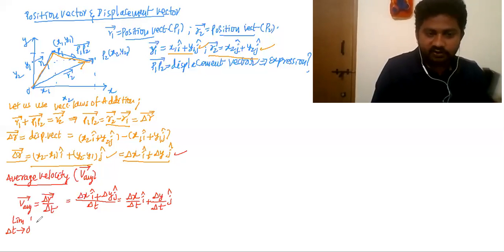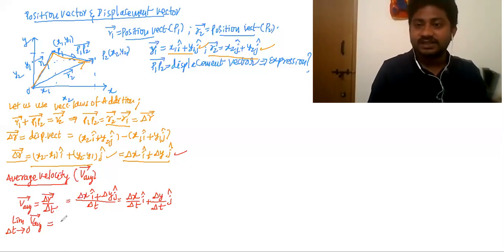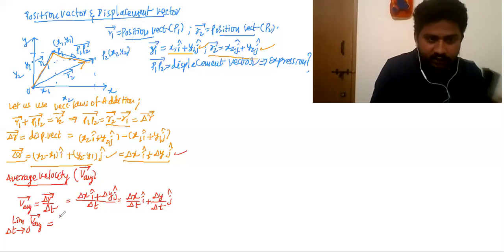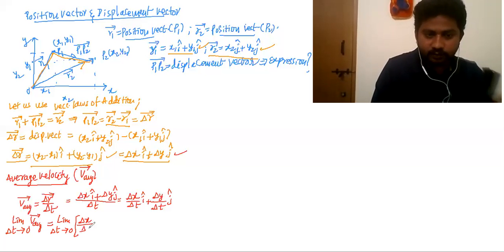Now, we know the concept of application of limits. When we apply the limit delta t tends to 0 to this average velocity, it will give you the instantaneous velocity. Once again, when delta t tends to 0, when the time interval is very, very small, we have delta x by delta t into i cap plus delta y by delta t into j cap.